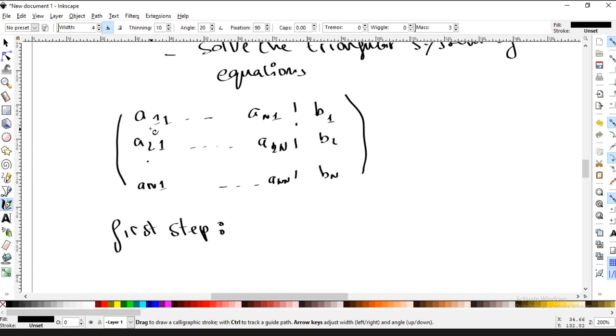So this line is unchanged, and we'll have zeros on all these lines.